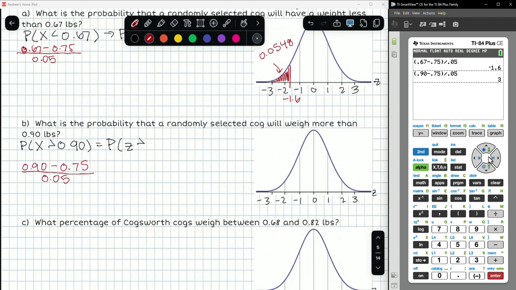And I get 3. So Z greater than 3. I'm going to come over to my picture and mark that value. We're here. I want this probability here. I already know from the empirical rule that's going to be super, super tiny. But let's go ahead and find 3.00 in our table.